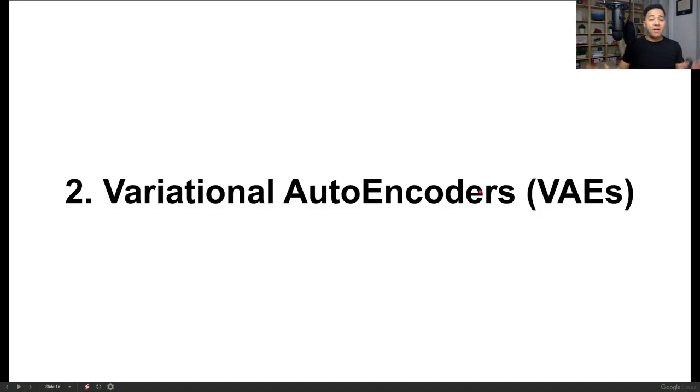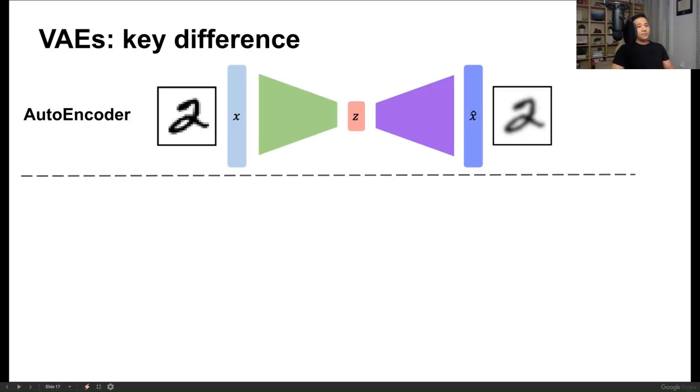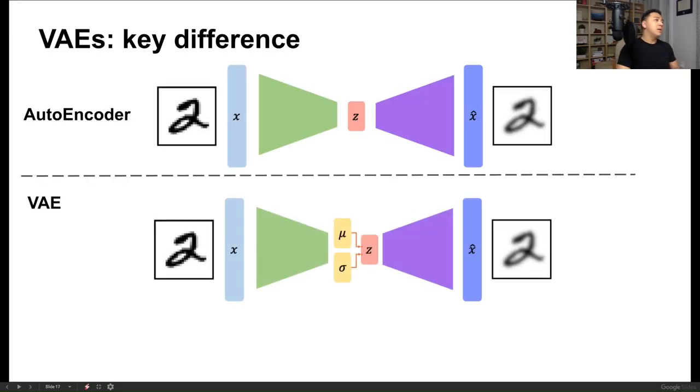Let's now talk about the variational autoencoder, or VAE. So what is the difference? The difference is actually quite small. In an autoencoder, you're trying to estimate the variable z. In a variational autoencoder, instead of directly estimating z, I'm going to estimate the distribution of z. So in that case, I'm going to estimate a mean and a standard deviation, and from there, I can sample z instead of learning it directly.